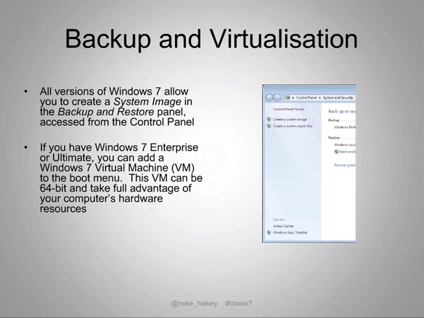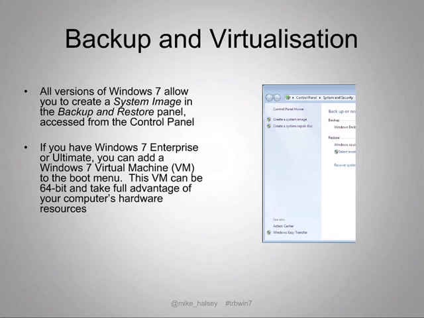But also, unlike running a copy of Windows 7 in Virtual PC, this virtual machine, because you're actually booting from it, can take full advantage of all of the hardware resources in your computer. So it can see all of your hardware, it can take full advantage of your graphics card. You can do anything in it at all.